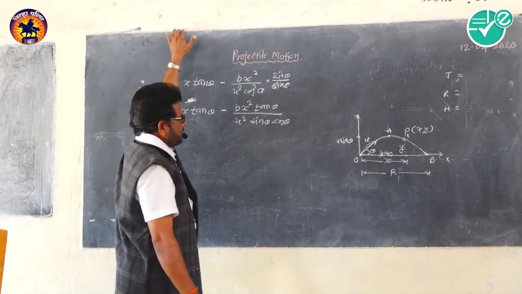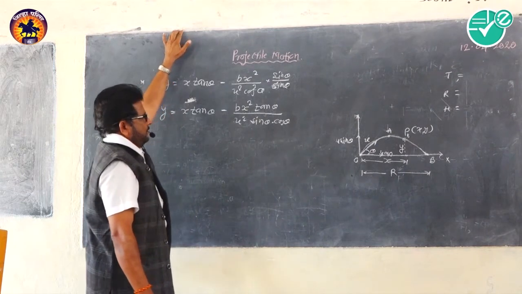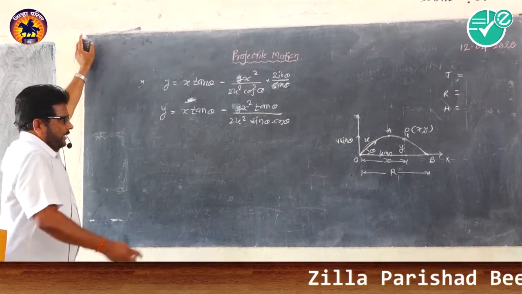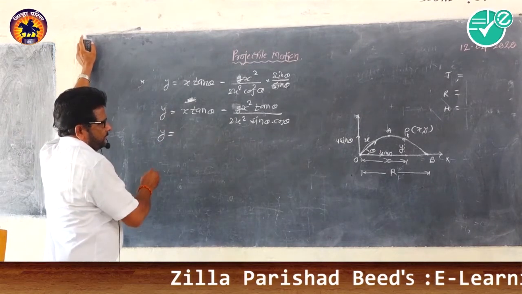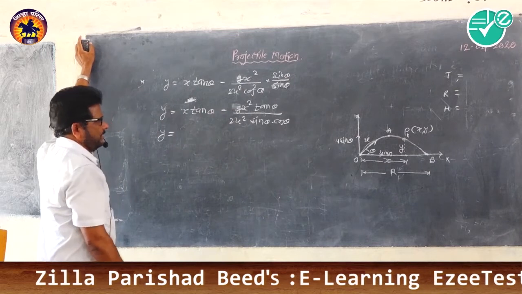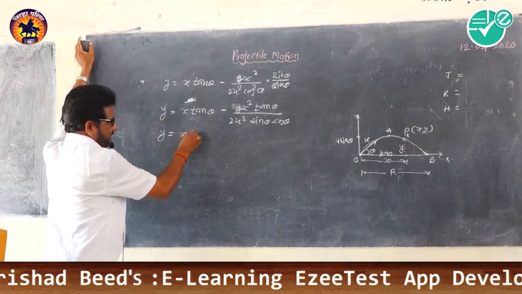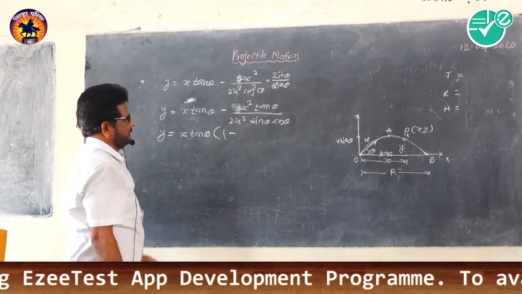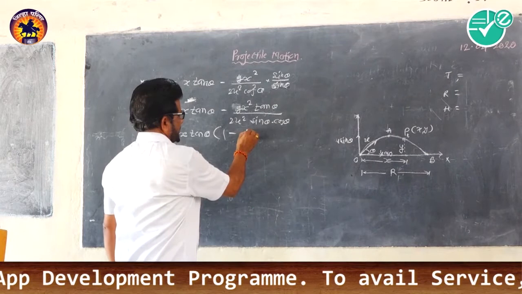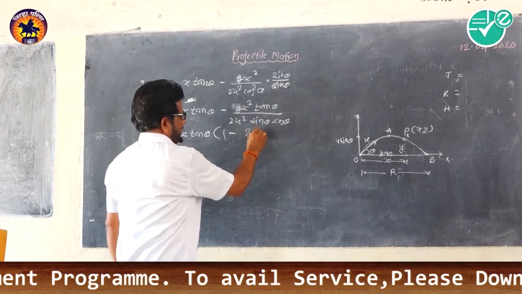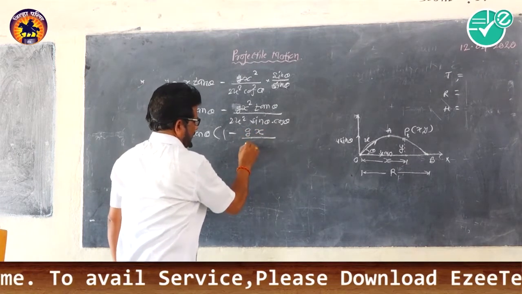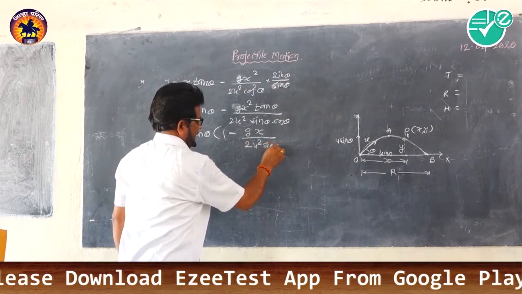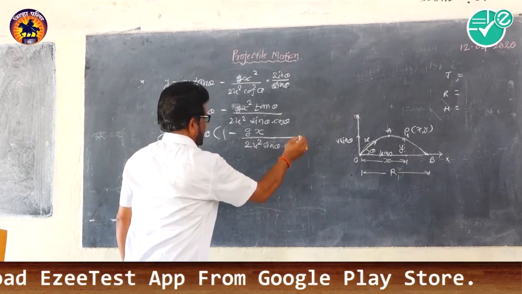Now from this we can take x tan theta common: y equal to x tan theta into bracket 1 minus g x upon 2 u square sin theta into cos theta.